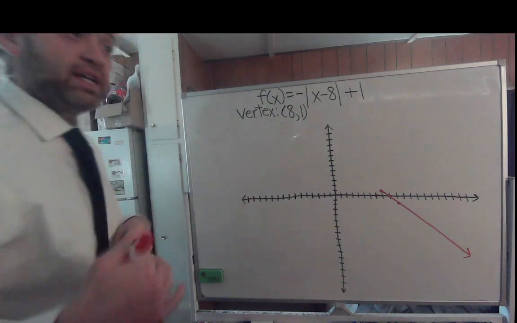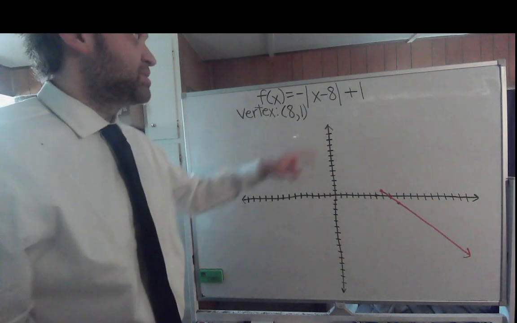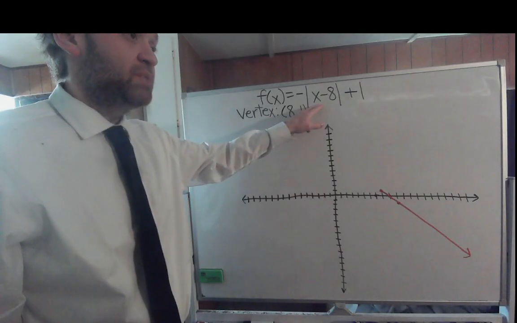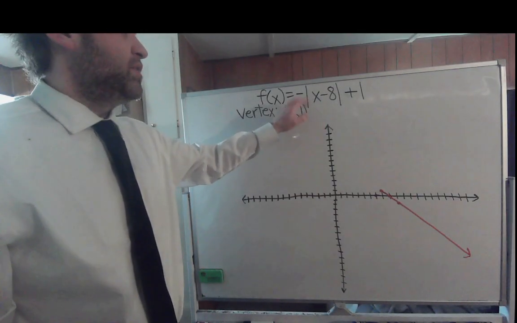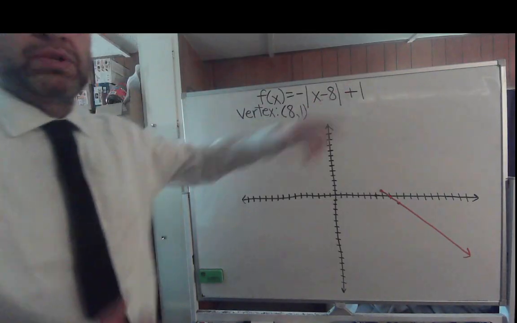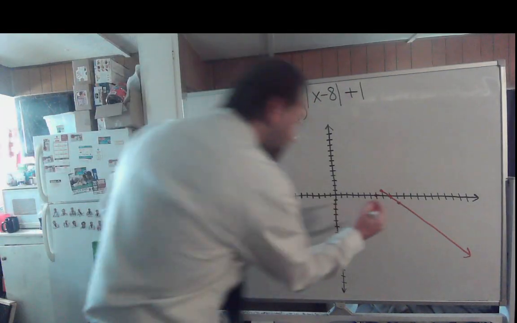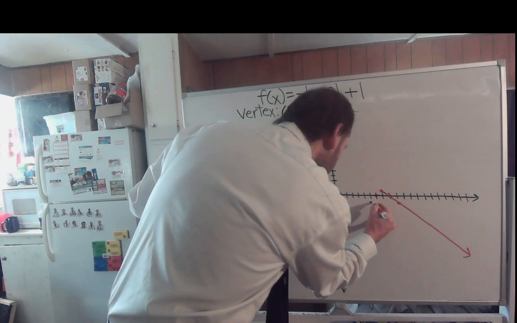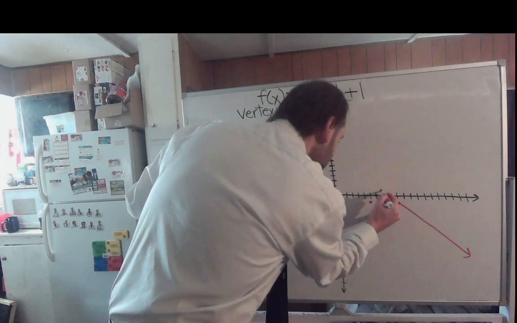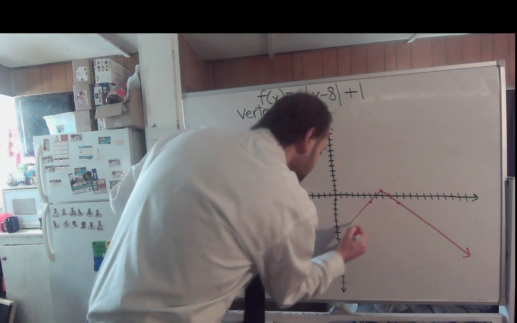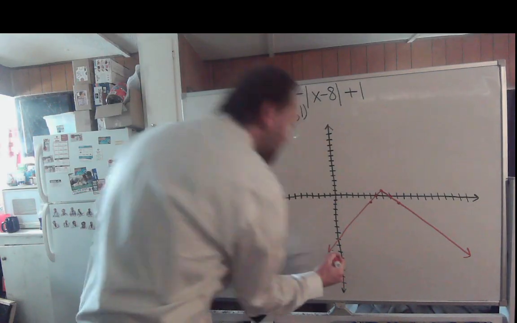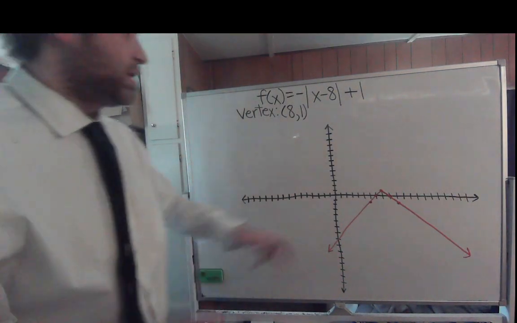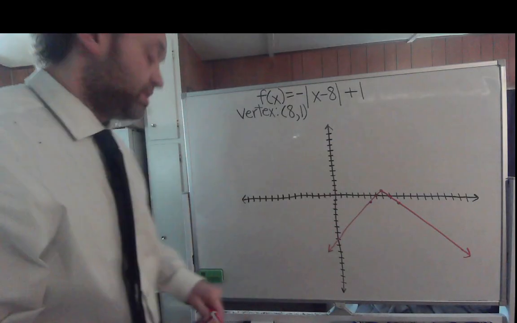So 6 minus 8 is negative 2. The absolute value of negative 2 is positive 2. If you negate that, you'll get negative 2 plus 1, which will give you negative 1. So at 5, you're at the y coordinate negative 1. So now connect this side of it here. And there you go. There is your graph of this function.